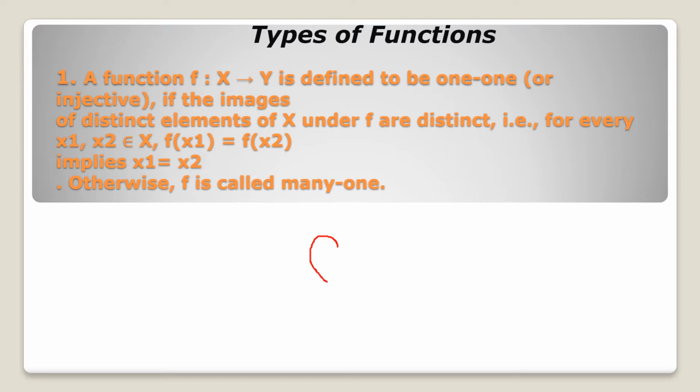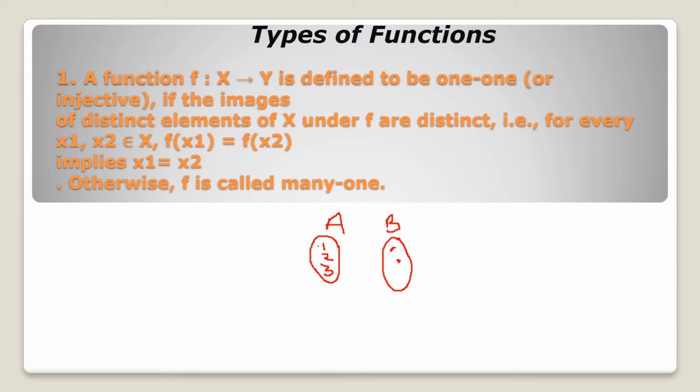So let us say A and B are two sets. Then we have said that every element, let us say there are three elements in set A. So we said that each element in A must have an image. So let me write some elements there.